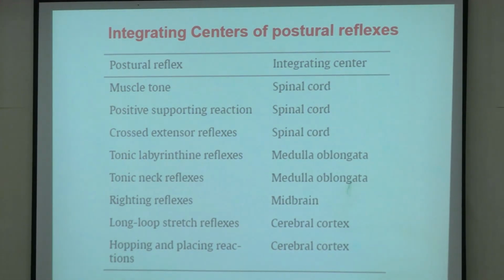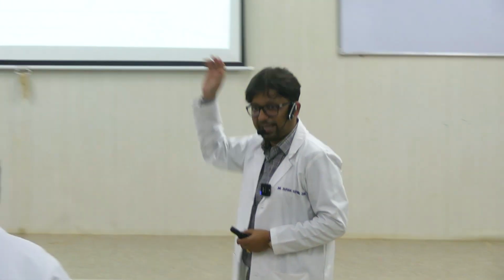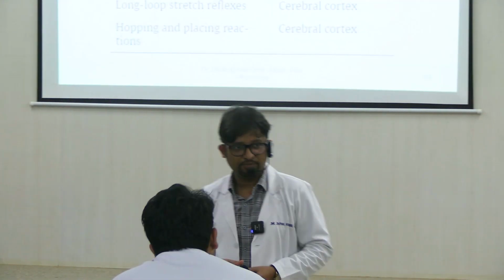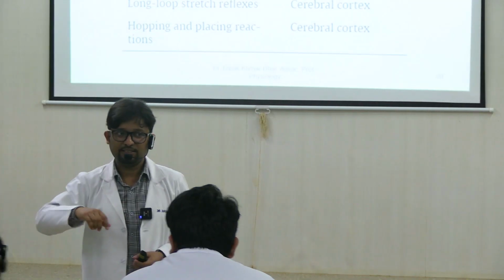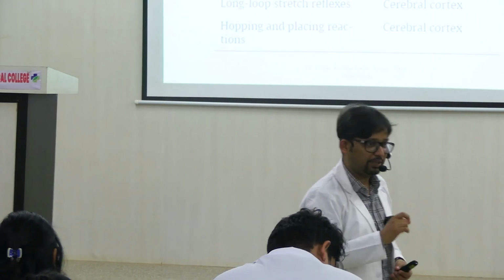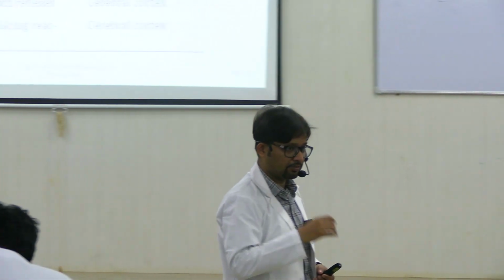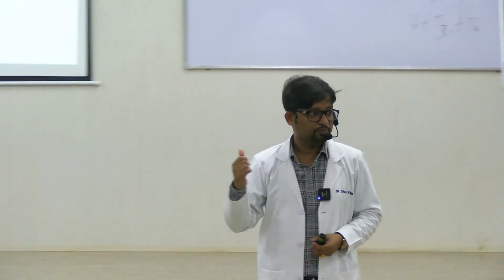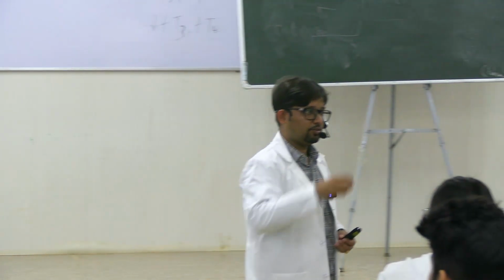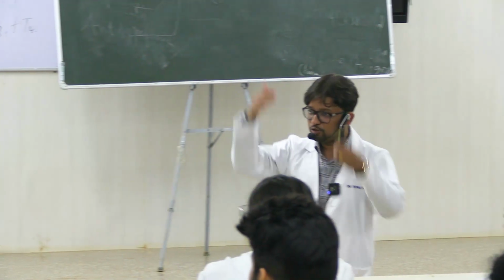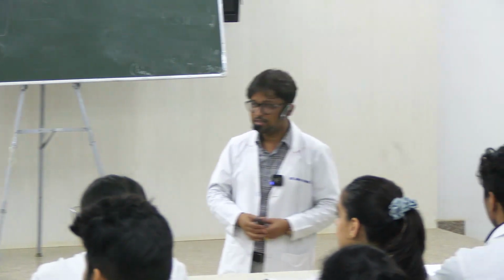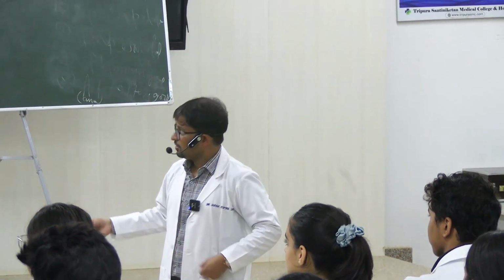So you see, in the motor hierarchy from below to above you have at various levels a lot of reflexes, a lot of posture maintaining mechanisms which are there, and this can happen even without involving the conscious thought of adhering to a certain posture, right?